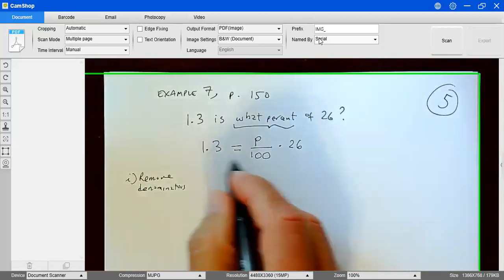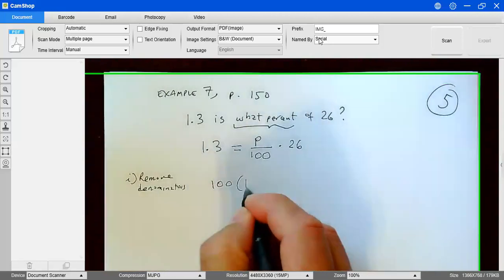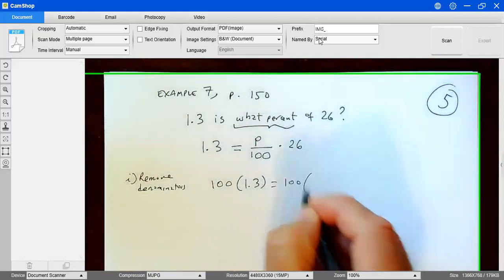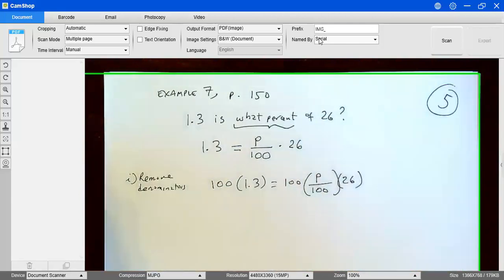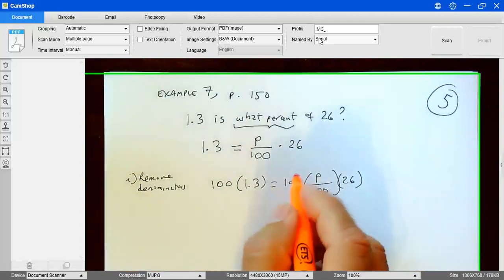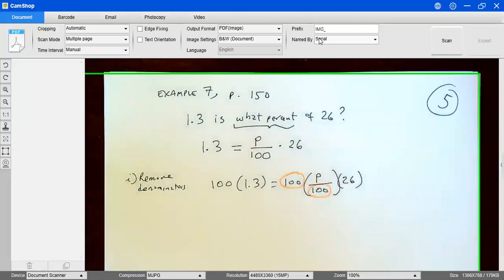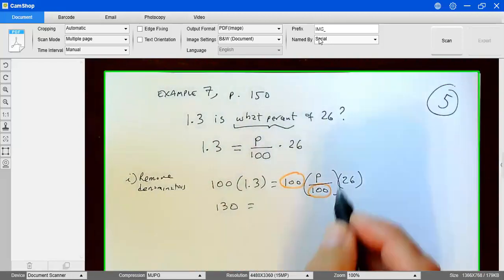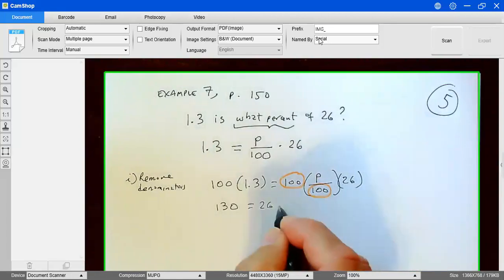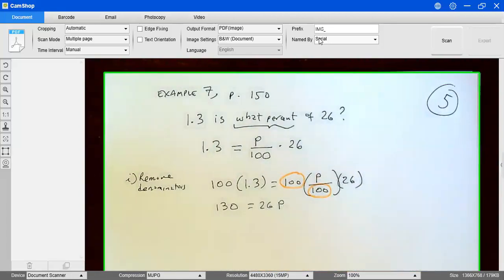So we're going to start multiplying by 100 both sides of the equation. So if we do that, we can get rid of these 100s here. So we're going to get 130 on the left-hand side, and we get 26 times P on the right-hand side.